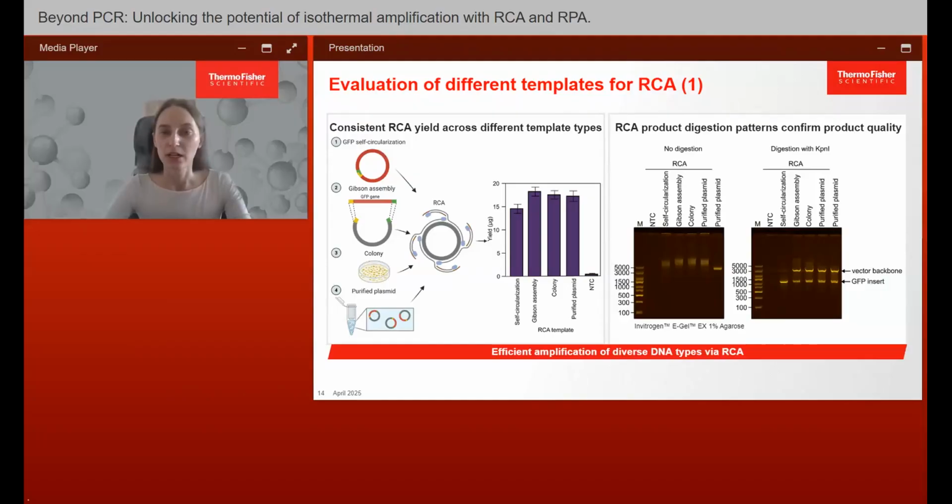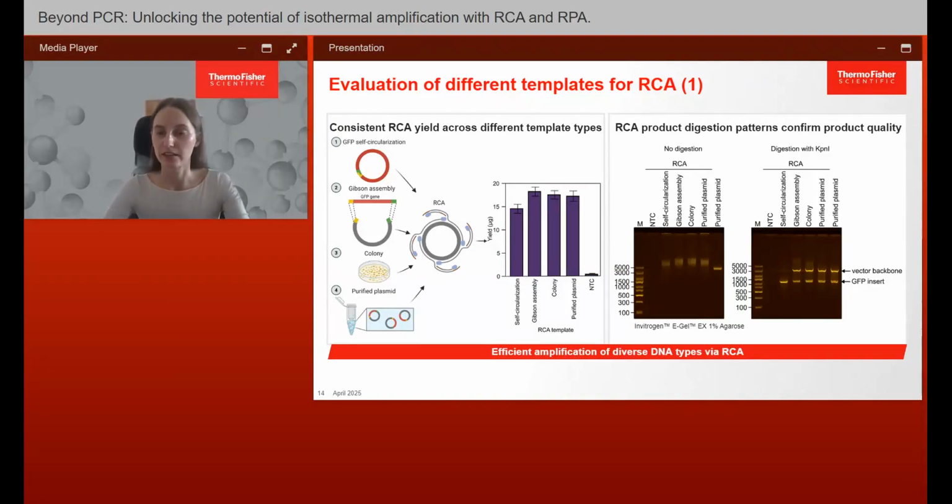And next, the quality and specificity of RCA reactions were evaluated by gel analysis. So undigested RCA products appeared as high molecular weight smear, and that's a clear sign of efficient reaction. And once digested, the resulting bands matched those of digested purified plasmid control, with bands corresponding to vector backbone and GFP insert.